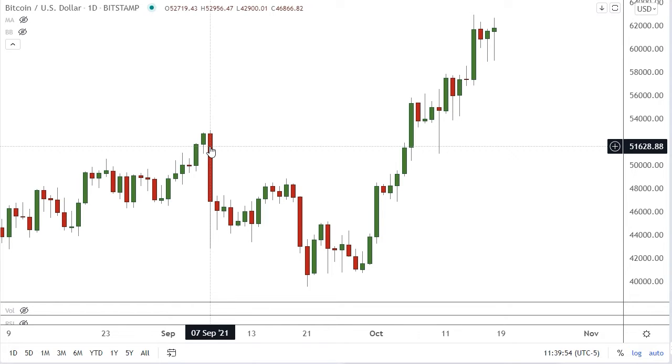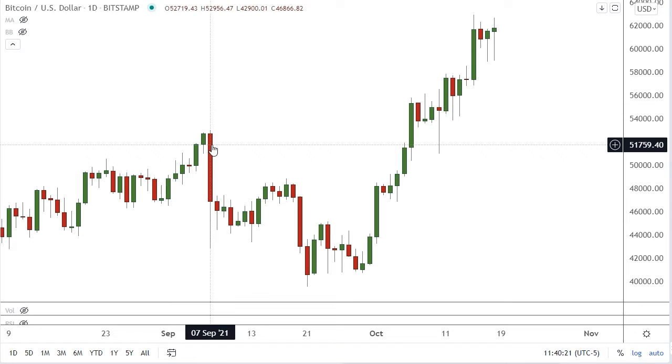What's important to understand is that this 24-hour period is not a rolling 24-hour period. There's an actual start and an actual end time. So this candle is going to look the same today as it will tomorrow and the next day. This candle for September the 7th will look the same, because the beginning and the end time of that day's period is etched in stone.